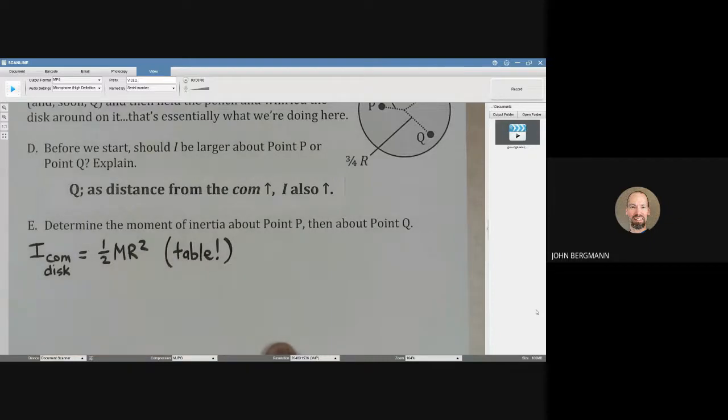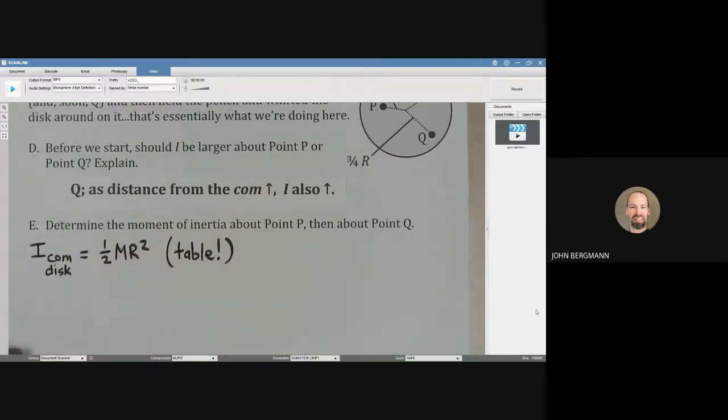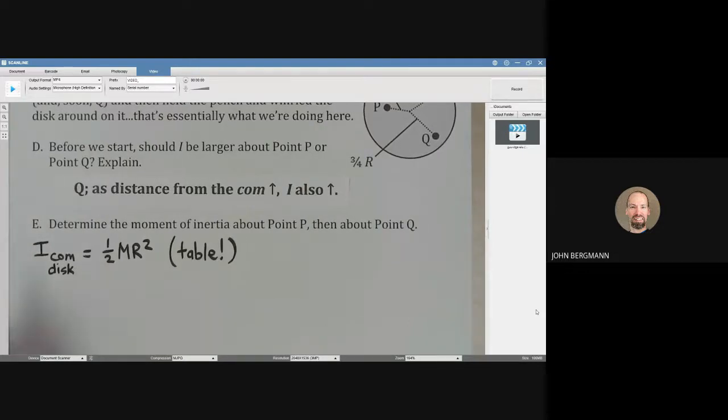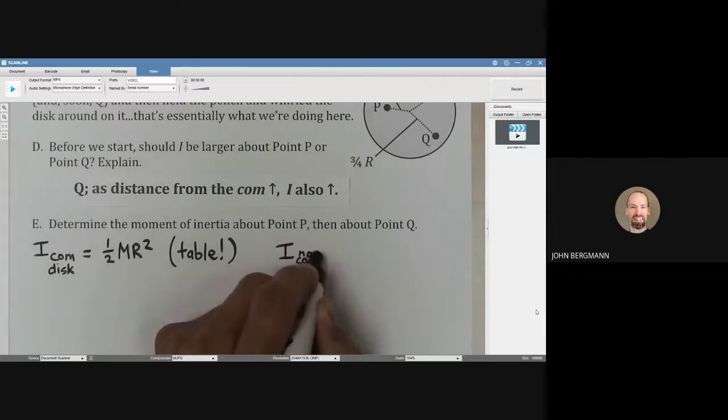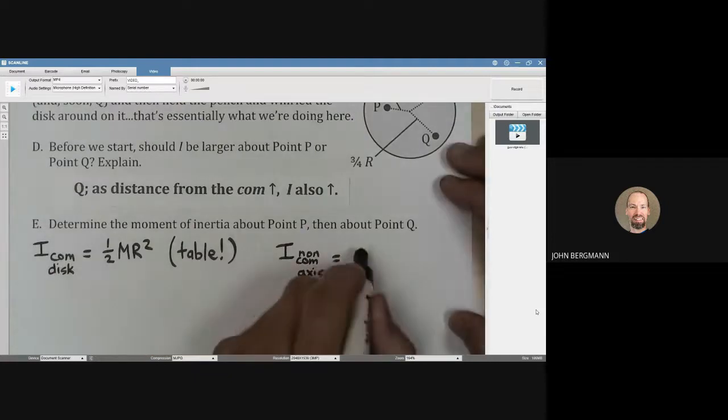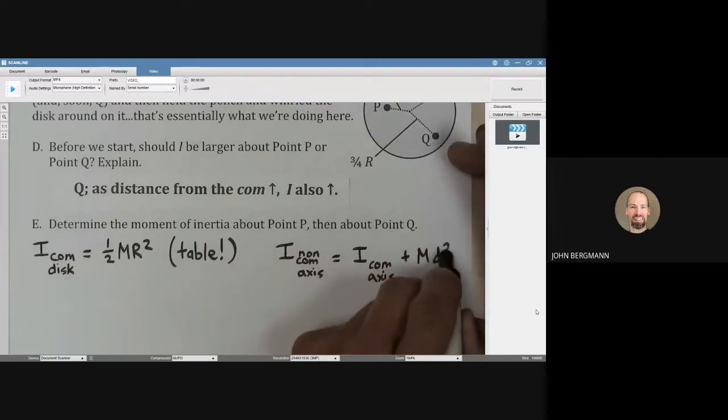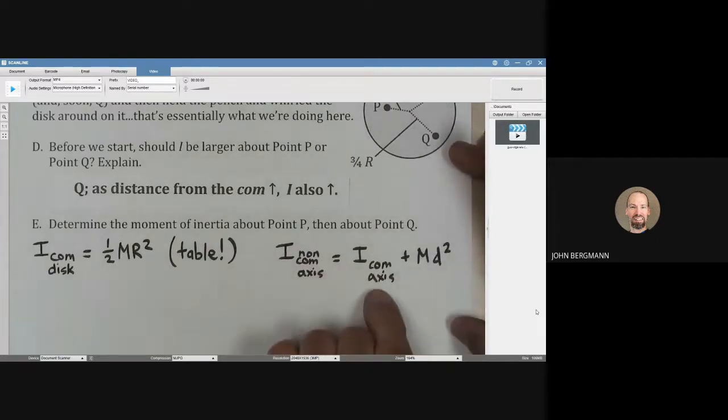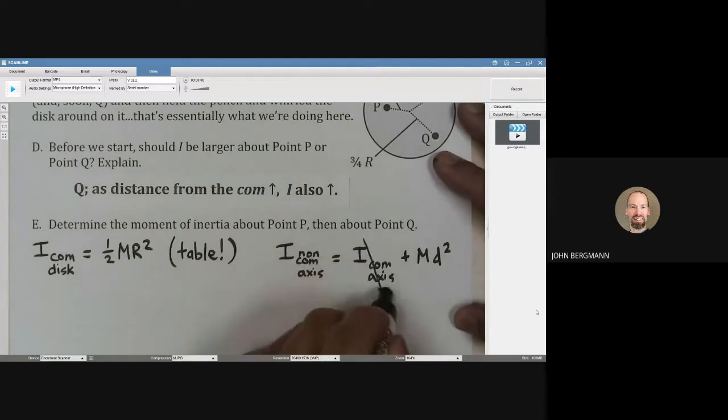And you can look that up in a table, so you don't have to derive it every time, or Google it if you need to. That would be part of the right side in the parallel axis theorem. That's this portion right here that I'm pointing at. So that portion is 1/2 m r squared.